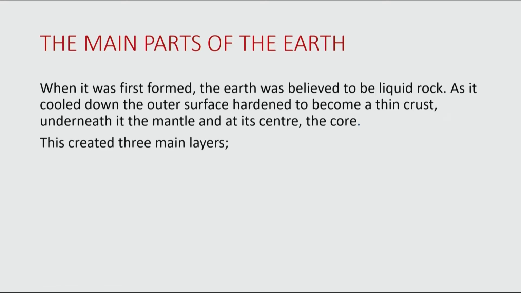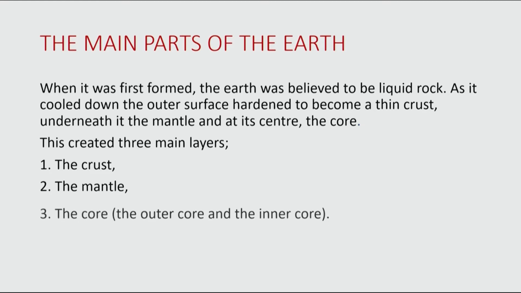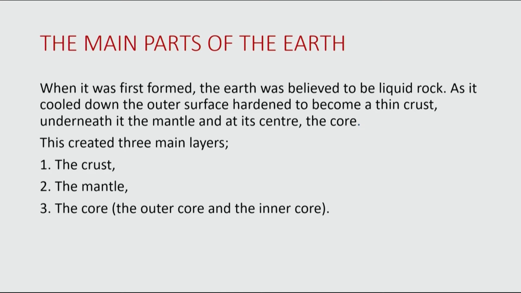So this created what we call the 3 main layers of the earth: 1, the crust; 2, the mantle; and 3, the core. However, the core is in 2 parts. There is the outer core and the inner core.